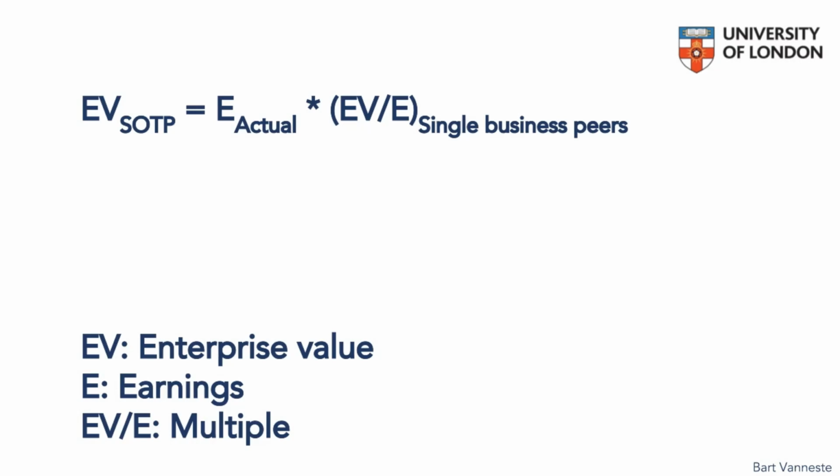The sum of the businesses, that is, the sum of the parts, then gives an enterprise value for the entire multi-business firm. The formula shows a brief summary of this approach. It comes down to a multiplication between our actual earnings of the multi-business firm and multiples of single business peers.